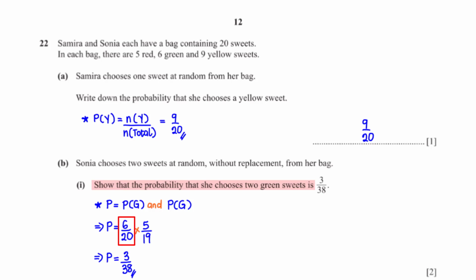She picks a first and a second sweet, so the probabilities multiply. After the first green sweet is picked without replacement, the pool reduces by 1. So the probability that the second sweet she picks is green is 5/19. When we type this into the calculator, we get 3/38.